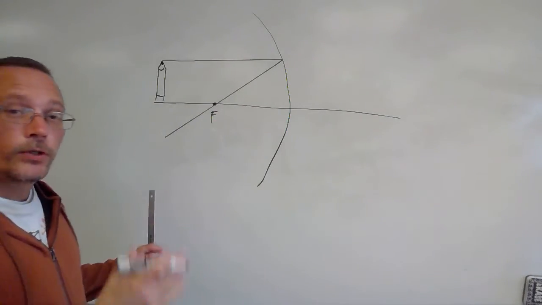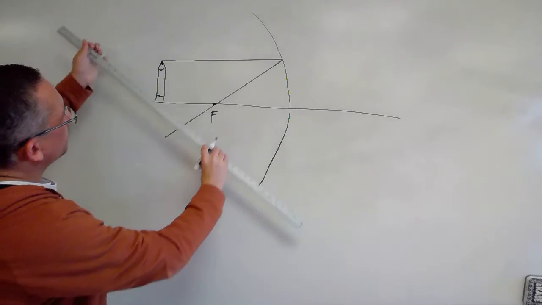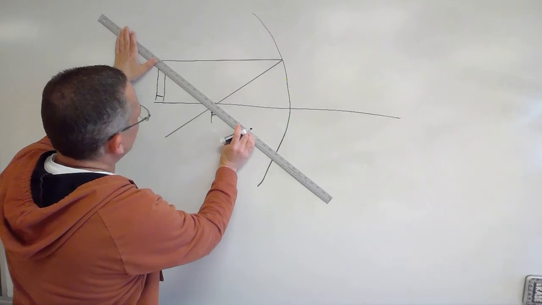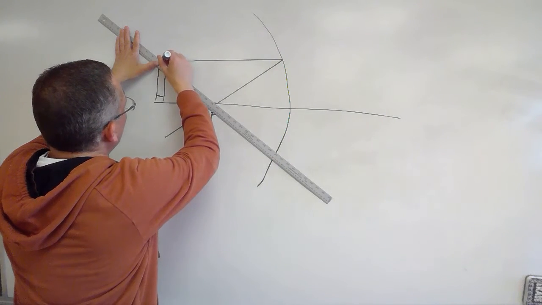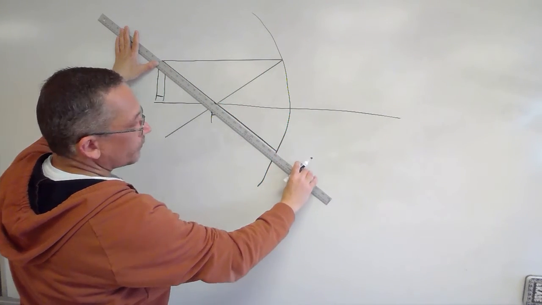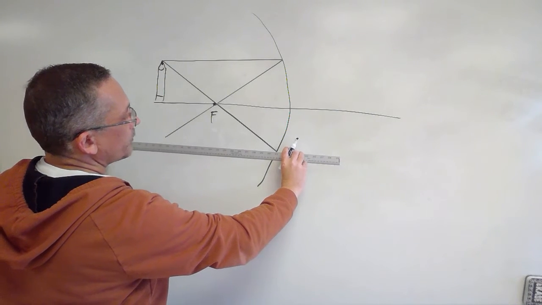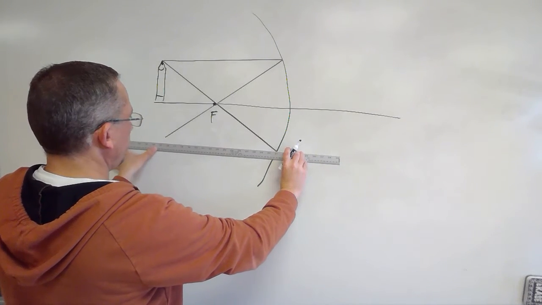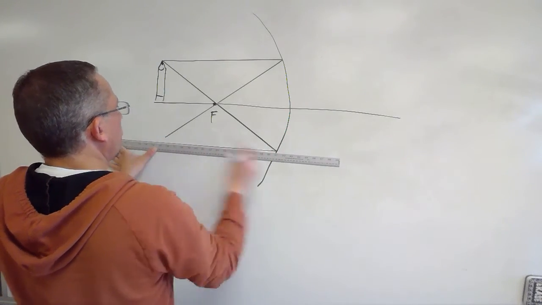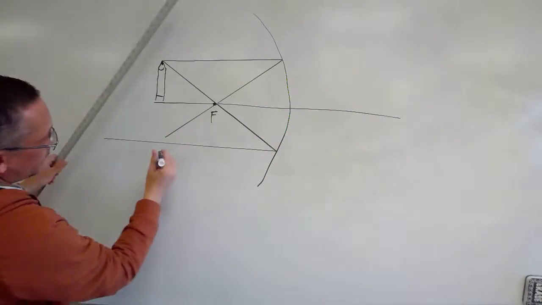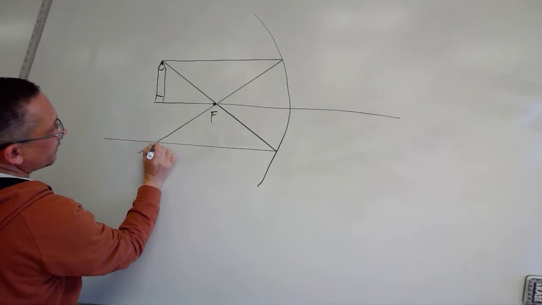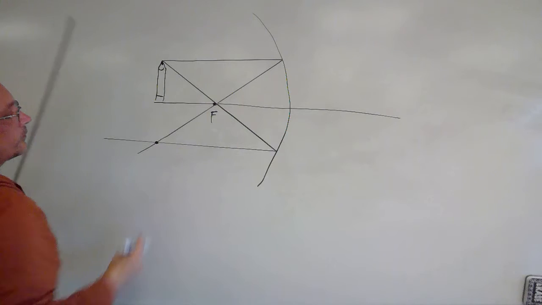Our second ray will go through the focus, and then reflect parallel to the principal axis. There we go. I should have drawn this line out a bit further, because they intersect right about there.